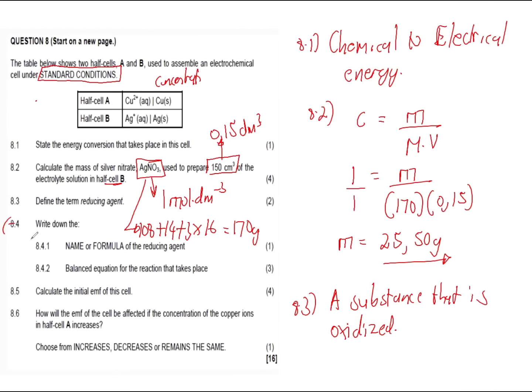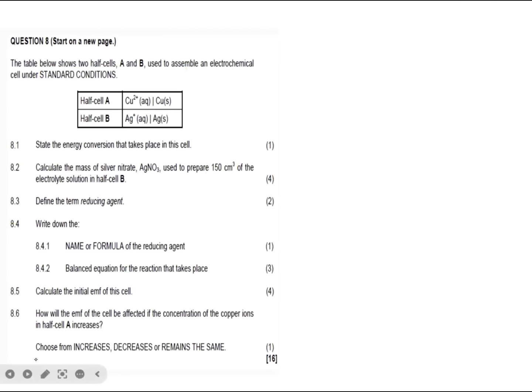Okay, now in 8.4, they're saying, write down the name or formula of the reducing agent. Remember, how are we going to crack that? We are going to actually figure it out from our 4B table. So we have copper here and Ag. So now we want to figure out which one is our reducing agent. But then reducing agent is the one that undergoes oxidation. So that means it's going to be found on the anode. Note that.